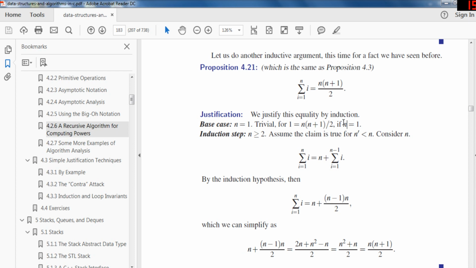Now, assuming that this is true, for the inductive step, assuming that the claim is true for k plus 1, or the next element. So what does that mean?